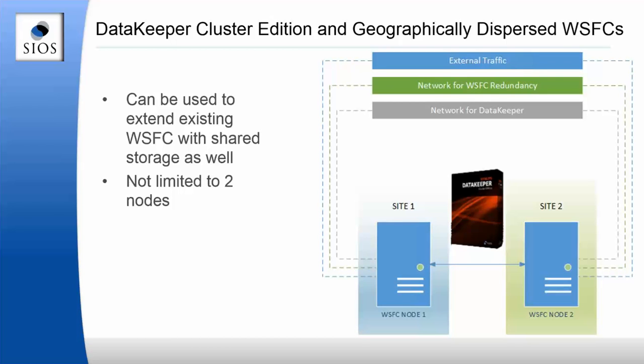So here, essentially, there are three variations. The full FCI implementation where it's fully integrated, you're mirroring disk at a plain old storage level, or you're doing the complete FCI, SIOS, Fusion IO scenario. So you've got three options here with a geographically dispersed FCI and Windows Server failover cluster.